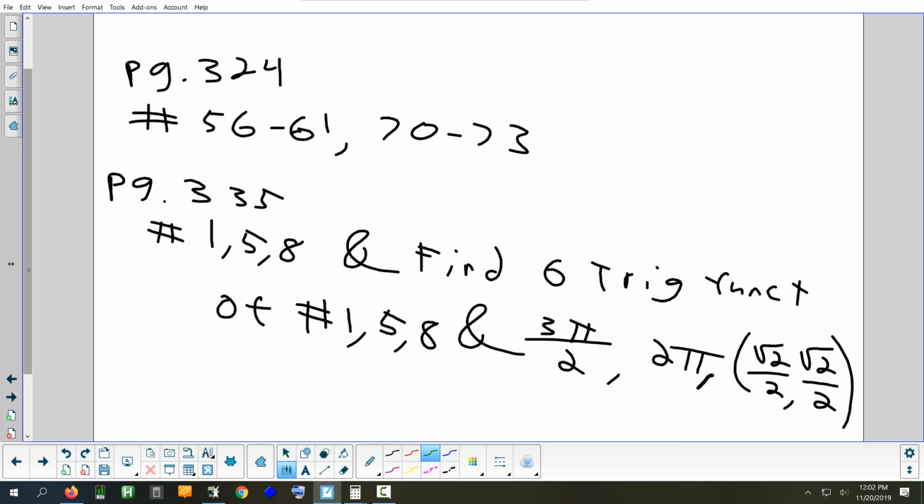But I also want you to find the 6 trig functions of 1, 5, and 8. So find the sine, cosine, tangent, secant, cosecant, cotangent. And I'm giving you 3 other ones I want you to find the 6 trig functions for. Find the 6 trig functions of 3 pi over 2, 2 pi, and do it for the coordinate square root 2 over 2, comma square root 2 over 2.